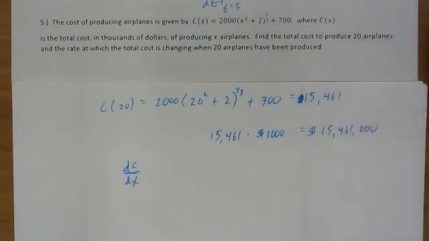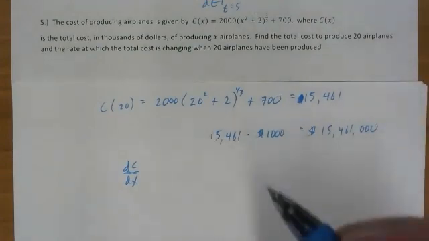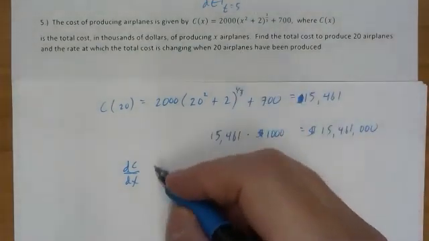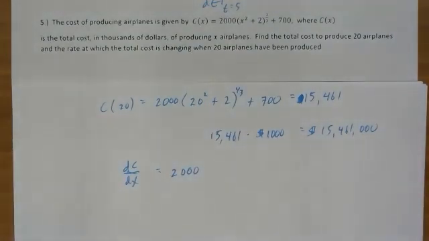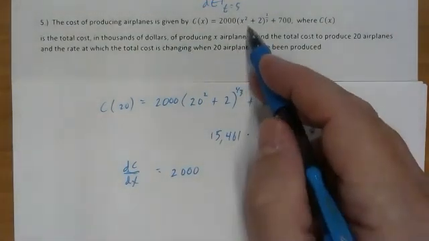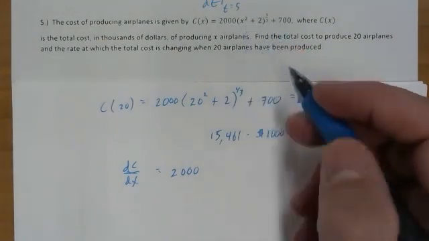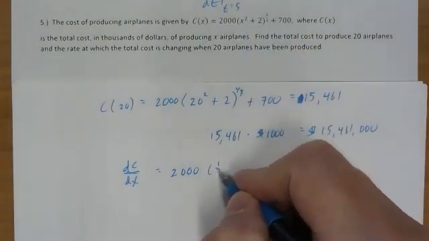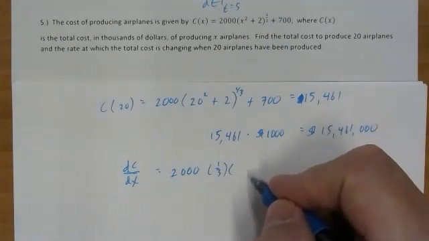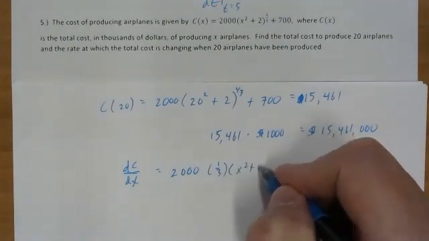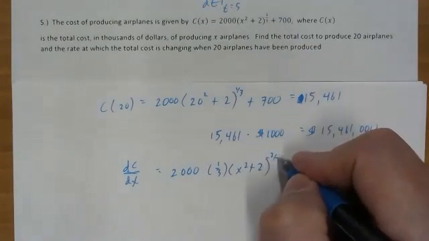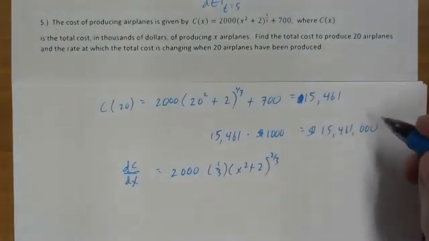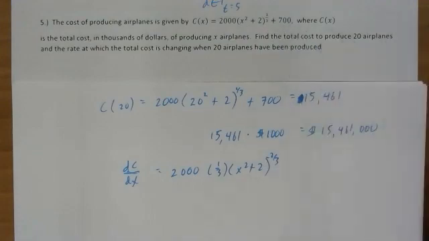This is really going to be like a chain rule problem, because you're going to have the 2000 out front. Then to take derivative of this, you bring 1/3. So this is the outside, x squared plus 2, and you subtract 1, and then derivative of 700, 0.